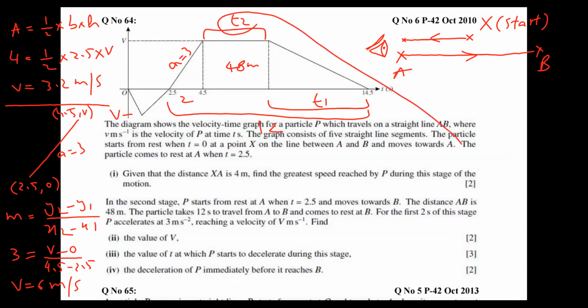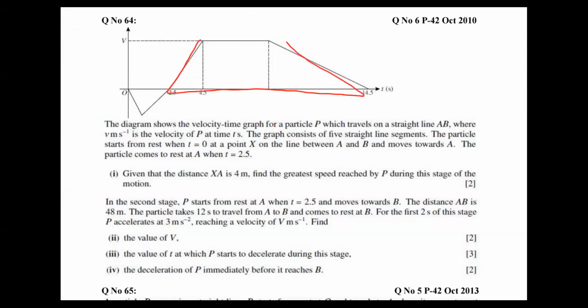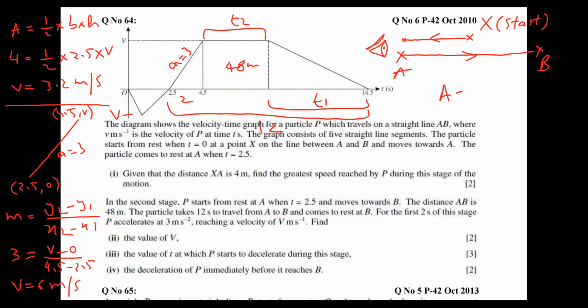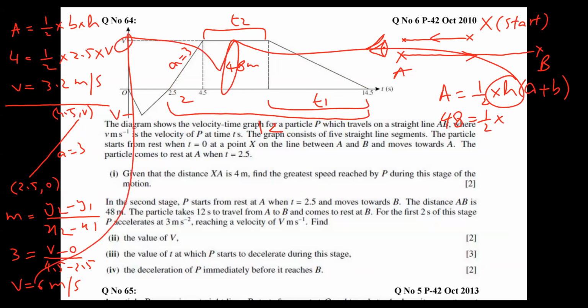So let's see how we can get it. First of all, my target is the t2 time. I did not utilize this 48 meter distance, so I will use that trapezium area, in which this is called a, this is called b, and this is called the height. The trapezium area formula is equal to half into h times 2a plus b. 48 is the distance, and half the height, this gap, is equal to v. v is 6.